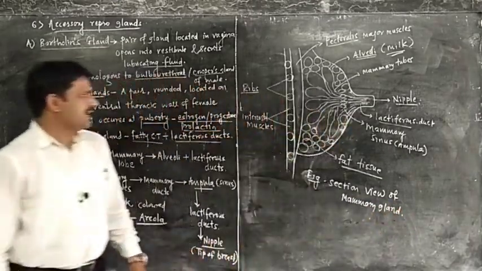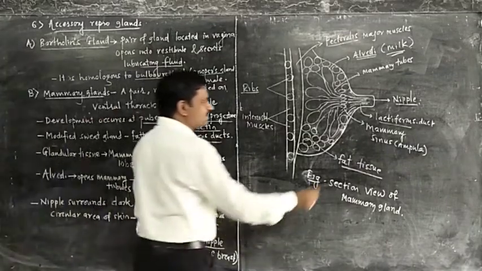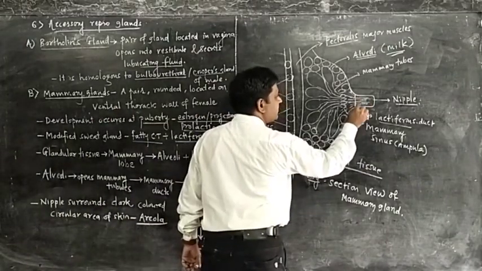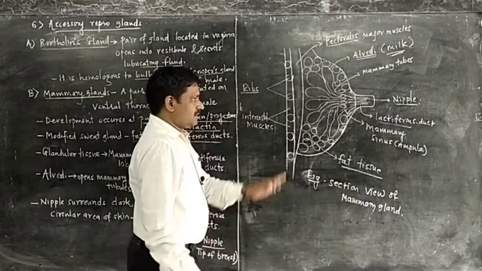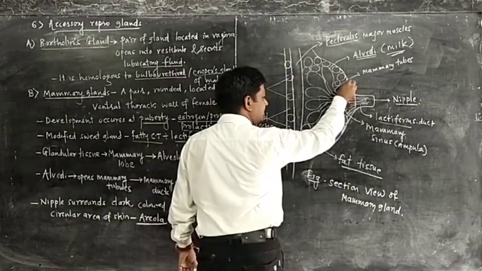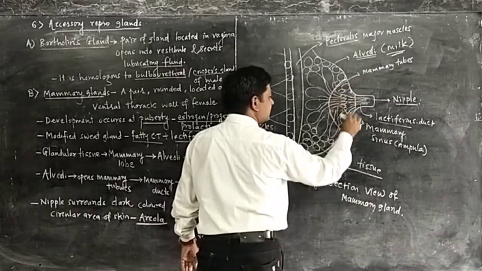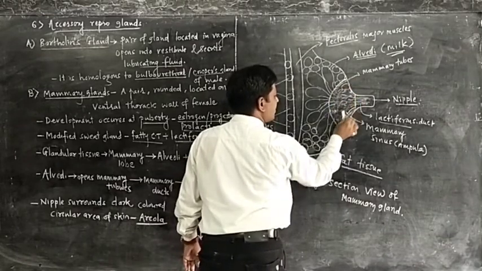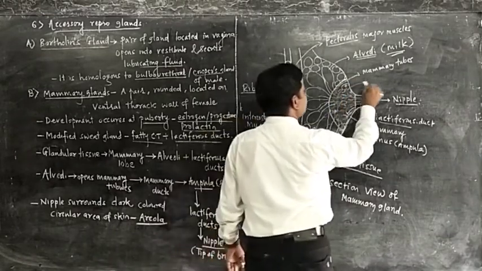At the base of this nipple, the skin shows a brown, dark colored structure. That part is called the areola.